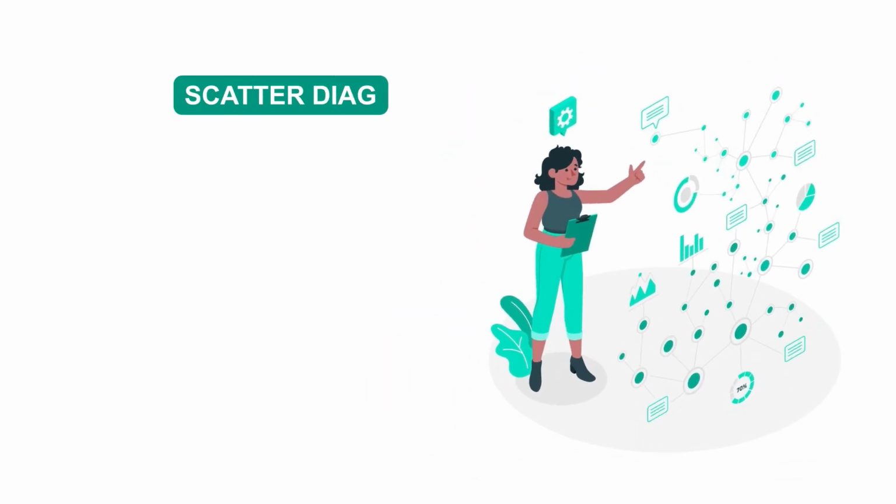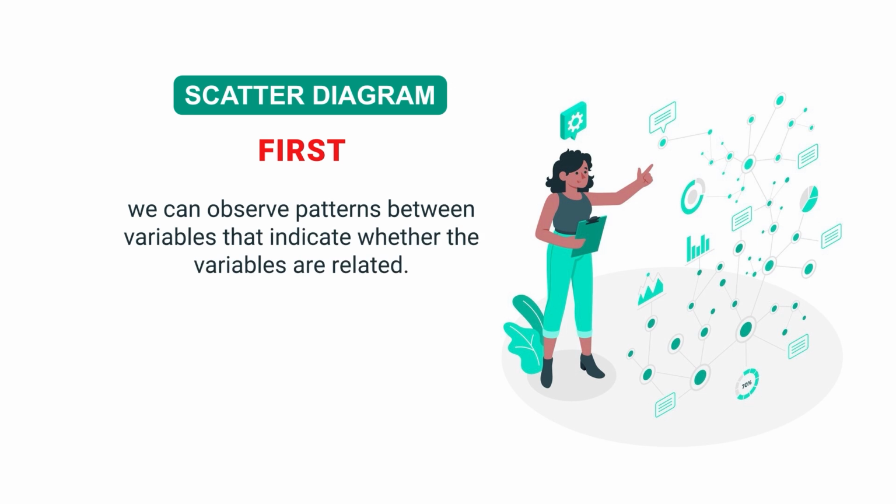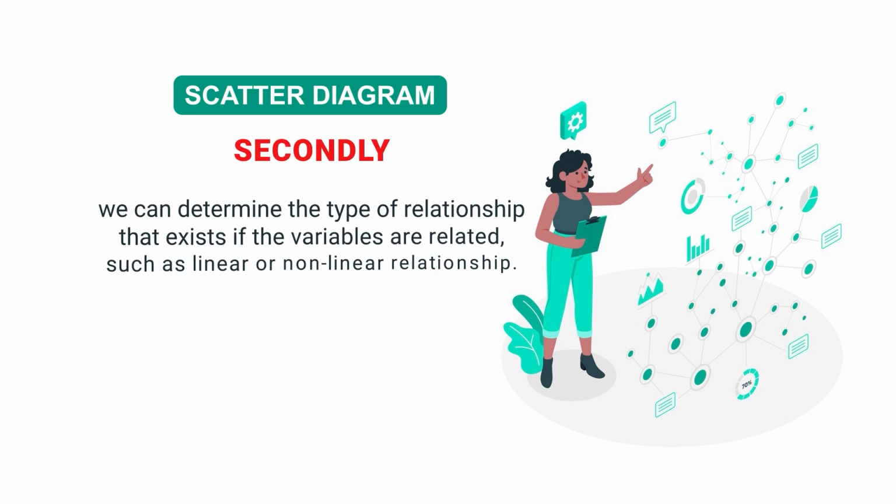Basically, a scatter diagram gives two very useful types of information. First, we can observe patterns between variables that indicate whether the variables are related. Secondly, we can determine the type of relationship that exists if the variables are related, such as linear or nonlinear relationship.